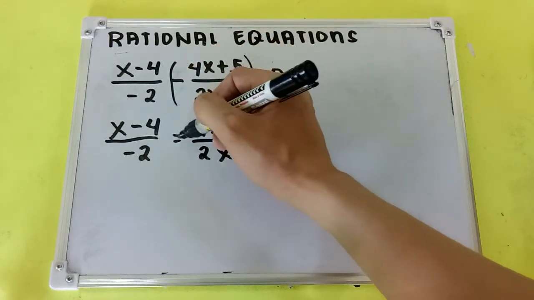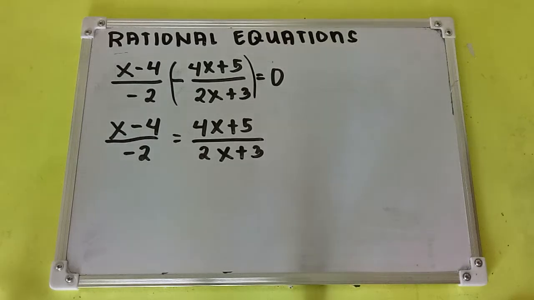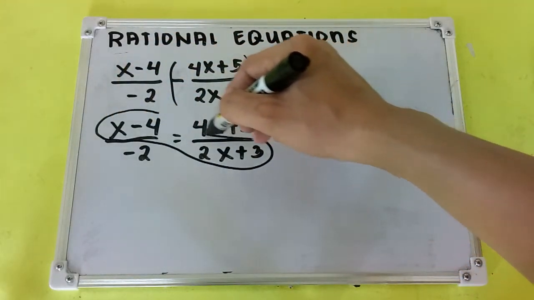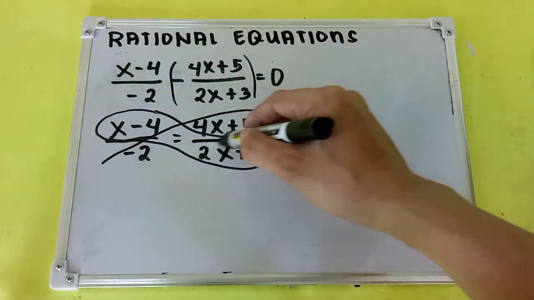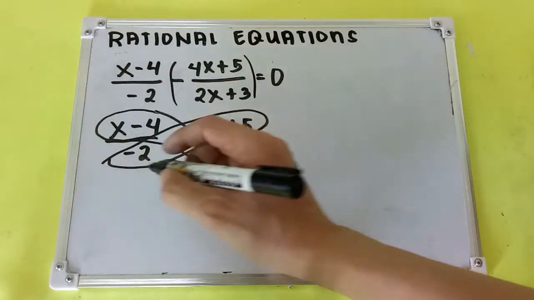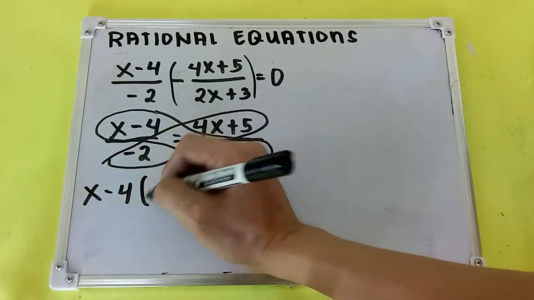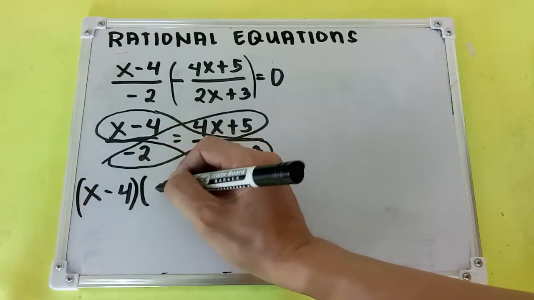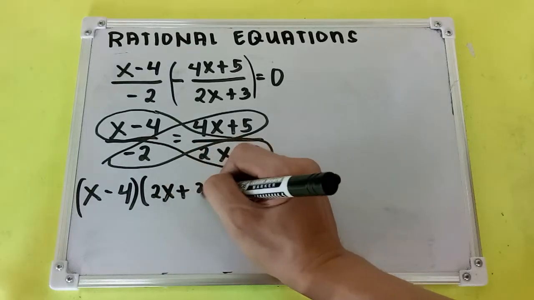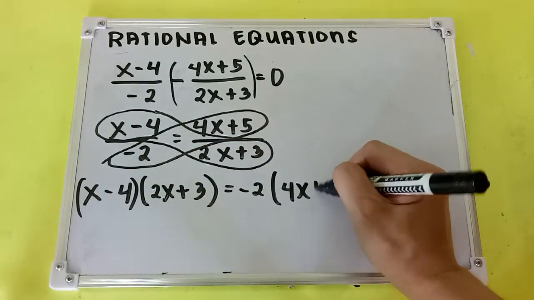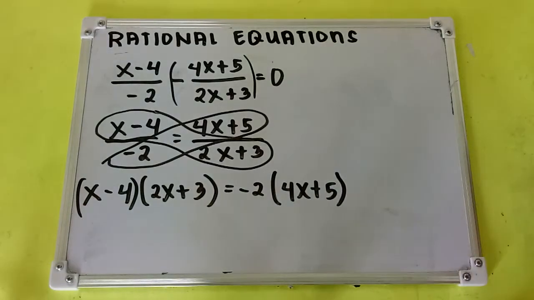So from negative it became positive. And then there, we just perform the butterfly. We just copy x minus 4 multiplied by 2x plus 3 equals negative 2 multiplied by 4x plus 5.